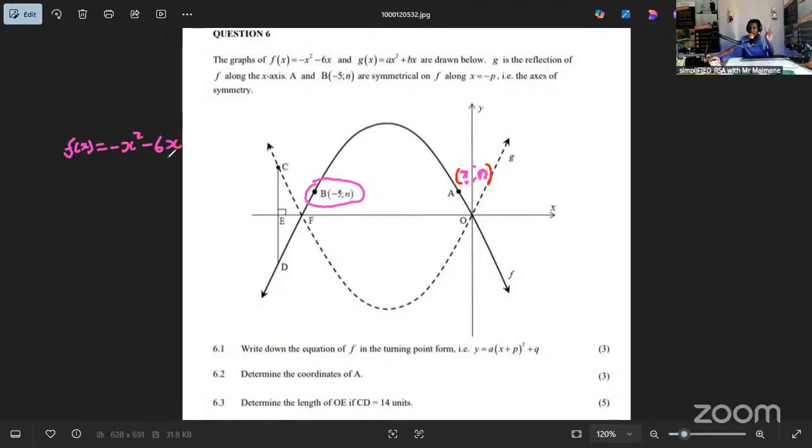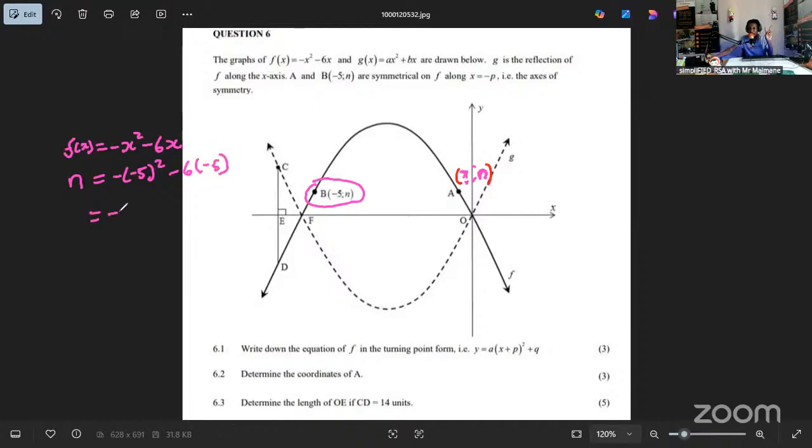minus 6x, where there's y, we put n is equals to, where there's x, we put minus 5 squared minus 6 times minus 5.